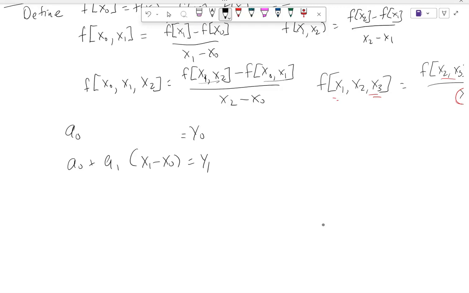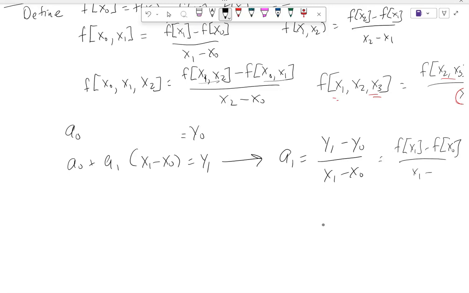What does this look like when I solve this for A1? Well, I would subtract the A naught, which is Y naught, and then divide, wouldn't I? So I would have A1 equals Y1 minus Y naught over X1 minus X naught. Which looks like f bracket X1 minus f bracket X naught over X1 minus X naught.